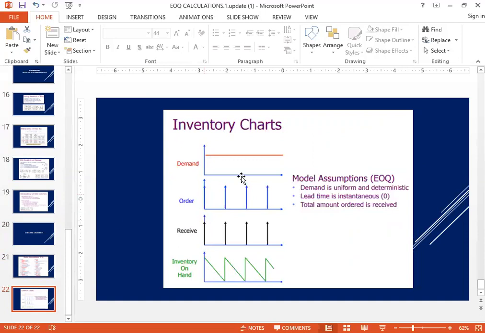It's considered stable. Lead time is instantaneous. As soon as a customer places an order, the model assumes that it will be delivered immediately, and the total amount that is ordered is also received. Whatever the customer orders is the same amount that they receive.